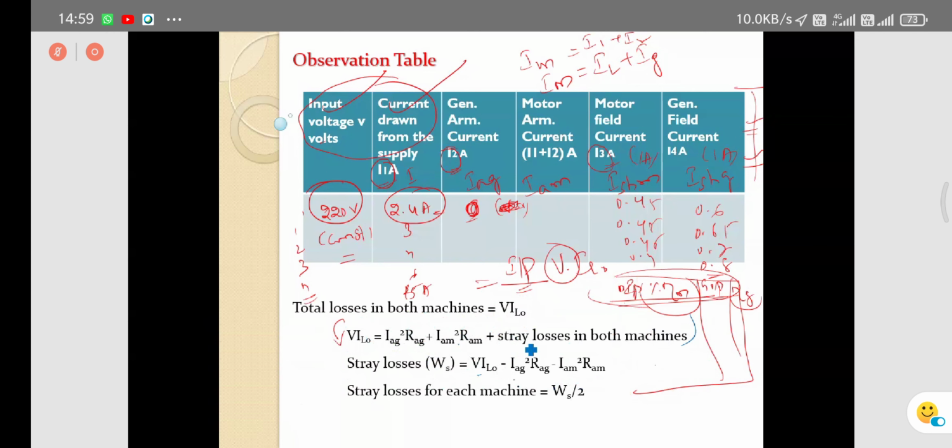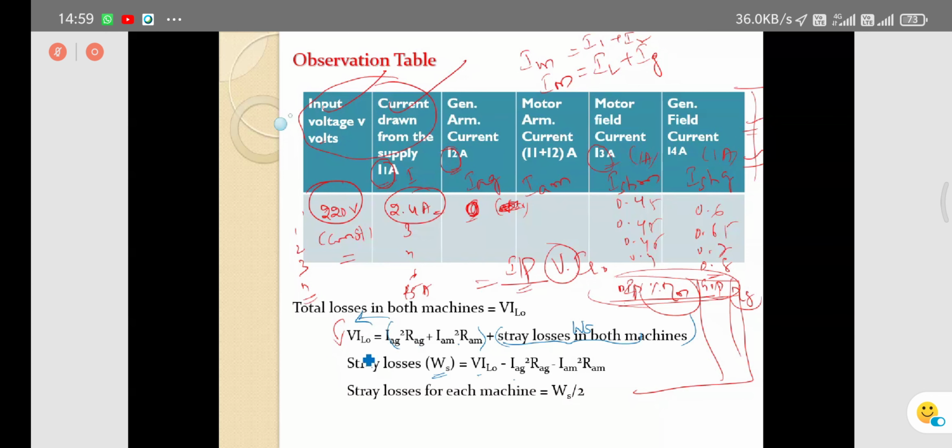Now the stray losses are denoted by WS. The stray losses are equal to this total term.